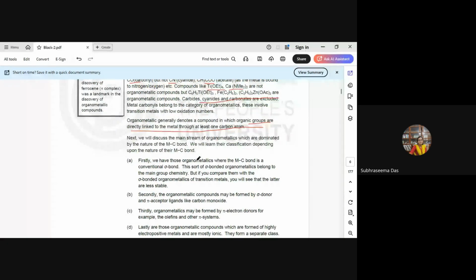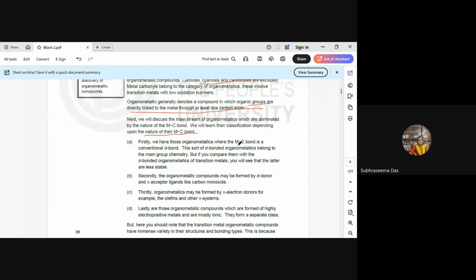Now, the nature of this metal to carbon bond determines the type of the organometallic complex. So first we will learn the classification of organometallic compounds depending on the nature of their metal to carbon bond. First, organometallic compounds where there is a metal to carbon sigma bond, that is, the metal belongs to the main group. So this is the first class where the metals are main group elements and the bond is a sigma bond.